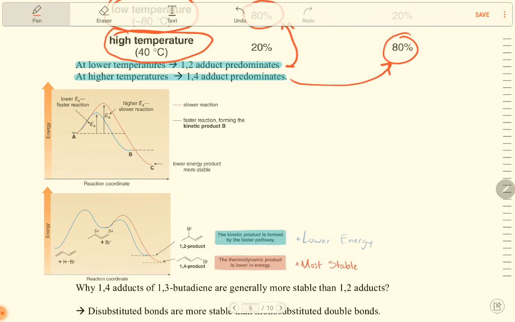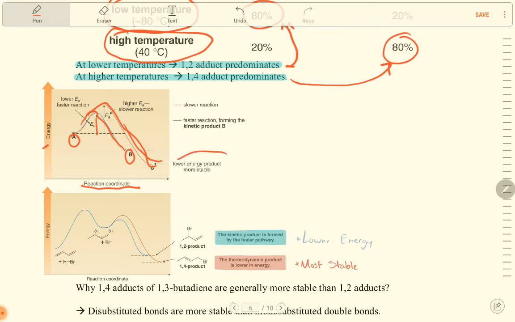So let's go here. You can see the reaction coordinate and energy diagram, A through B. You can follow the blue line, which has a lower activation energy, while the red line has a higher activation energy.